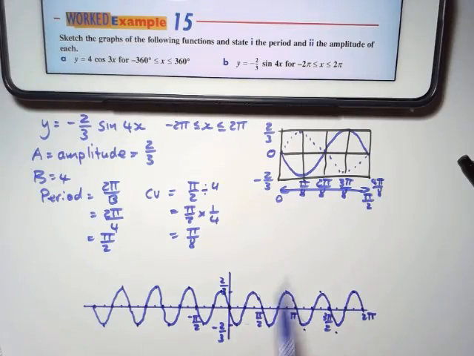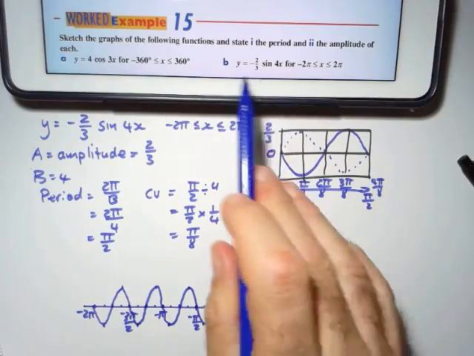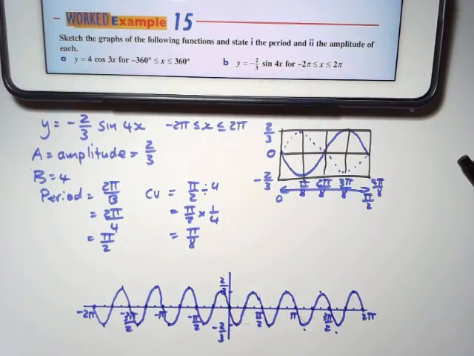If you want, you can put in every value, in quarters of pi. Depending on how much space you have, there's going to be minus pi, minus 3 pi over 2, and minus 2 pi. So there's your graph for the sine of negative.